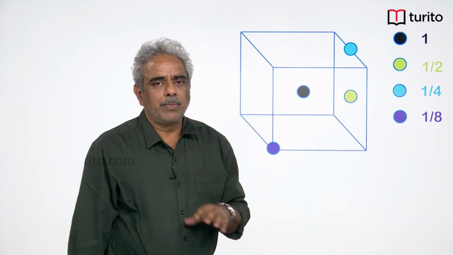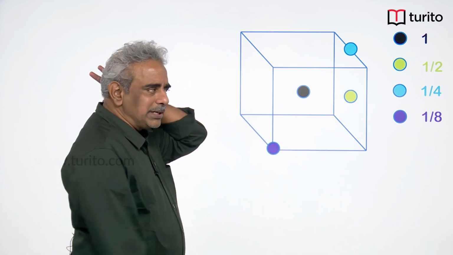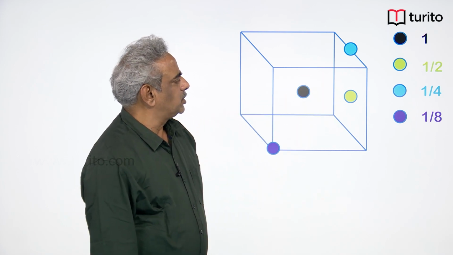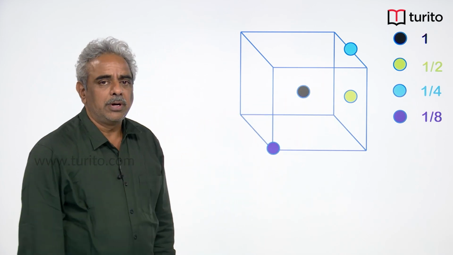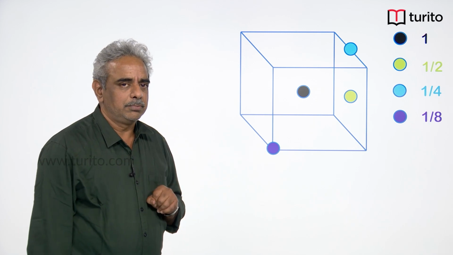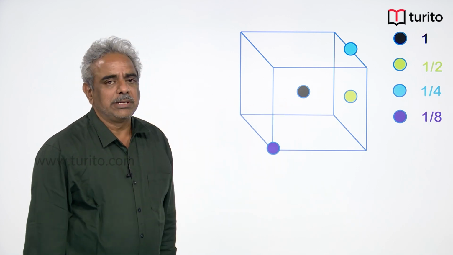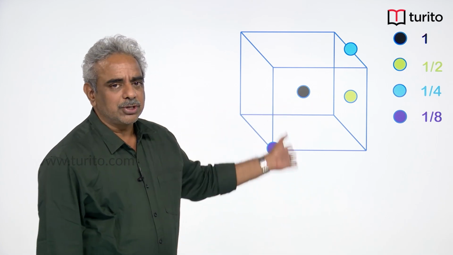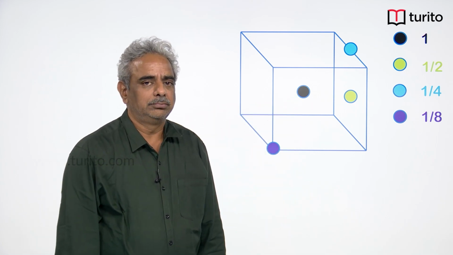Suppose you have got a cubic unit cell, that unit cell is there. See, there are how many varieties you are seeing here? 4 varieties of placements of the spheres. One sphere is at the center. This sphere completely belongs to this unit cell only.